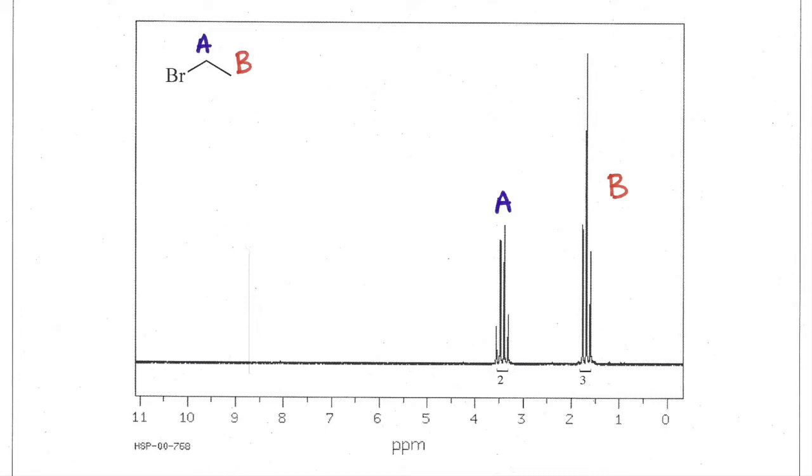For the orange protons, we predicted that they would have the lowest chemical shift in this spectrum. They would have a chemical shift in our alkyl region around 1. Their signal would have an integration of 3 and a multiplicity of a triplet. For the peak that I've identified as B, we see that integration of 3, the 3 lines in the spectrum so as to indicate that there are 2 protons on the adjacent carbon, and we see that peak in the alkyl region.